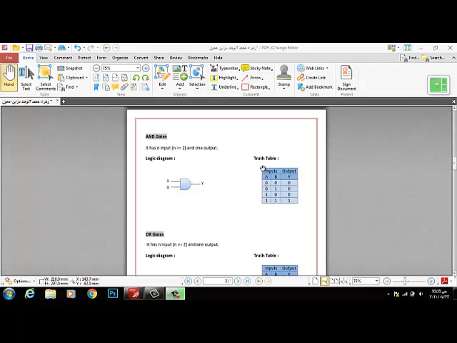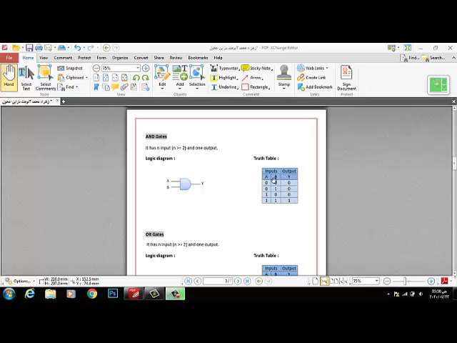When we see the truth table, all the output values are 0, except for one cell which has the value of 1.